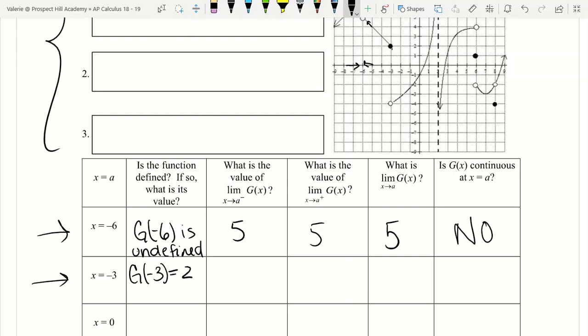The limit as x approaches -3 from the left is 2. And the limit as x approaches -3 from the right is -4.